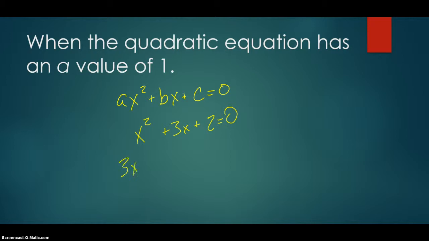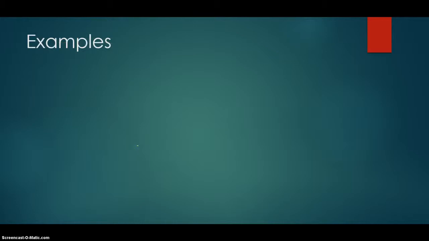If it looked like this, it doesn't start with a 1, and that's a pretty good indication that factoring is something I don't want to do. So we don't like this, we do like this. Let's start with an example.